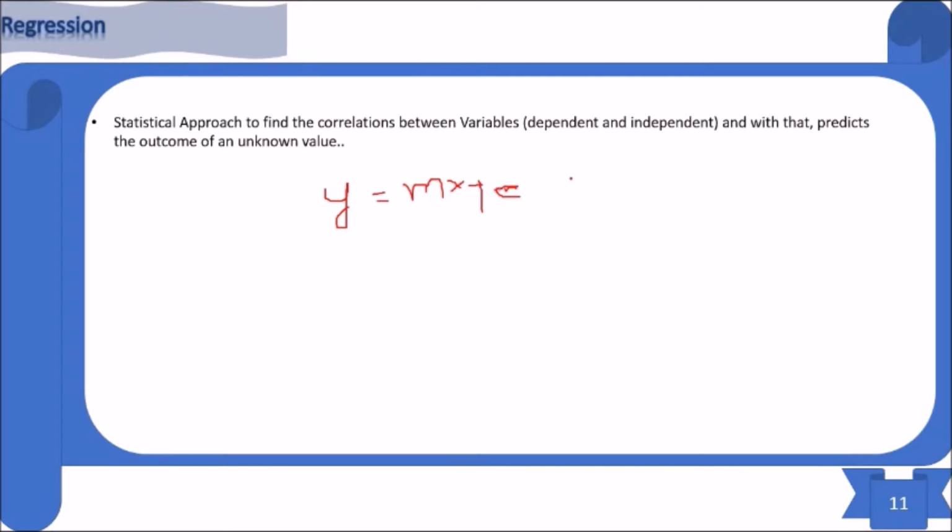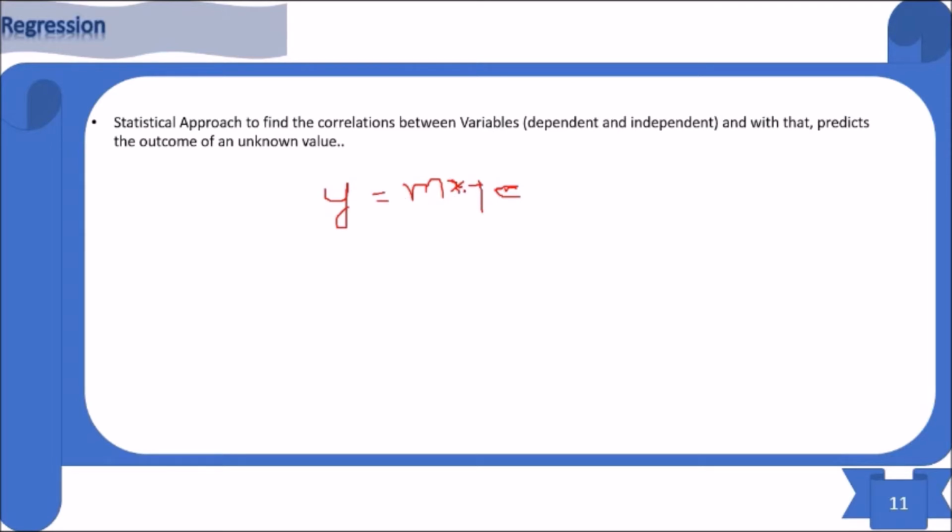Now here y is called your dependent variable and x is called your independent variable. This is the equation of the slope of the line.